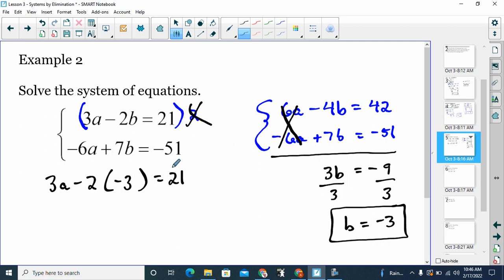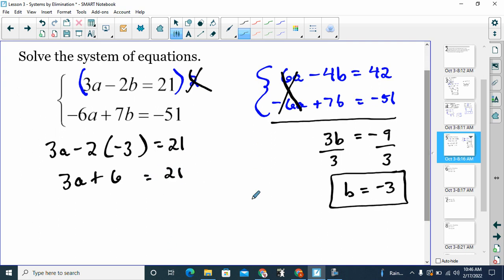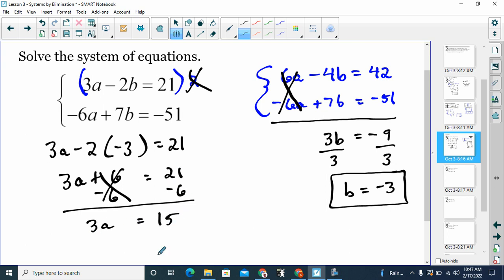And we're going to solve for a. Negative 2 times negative 3 is positive 6. Negative times negative is positive. I've got my 3a. I've got my equals 21. Subtract 6 from both sides. 3a equals 21 minus 6, which is 15.